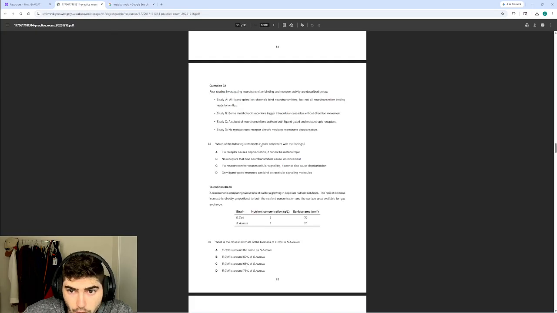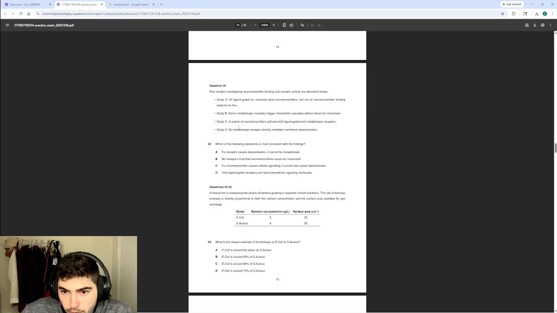Okay, that's important. Some of these metabotropic receptors, these G coupled proteins, whatever they're called, trigger intracellular cascades without direct ion movement.